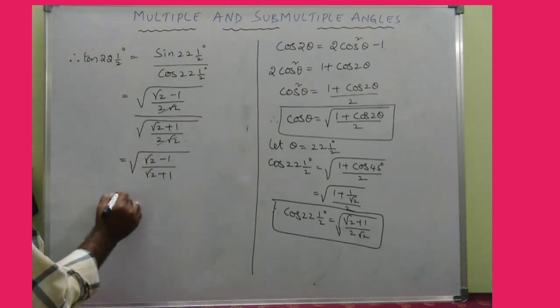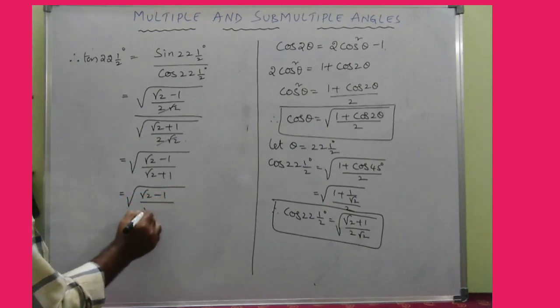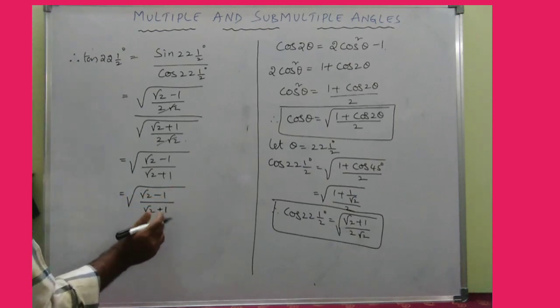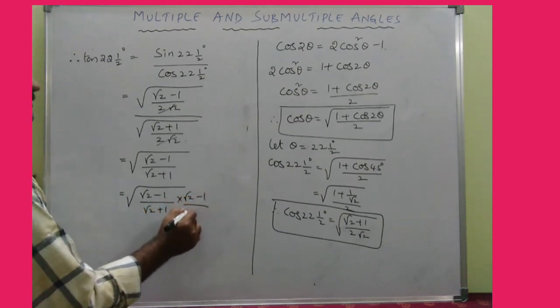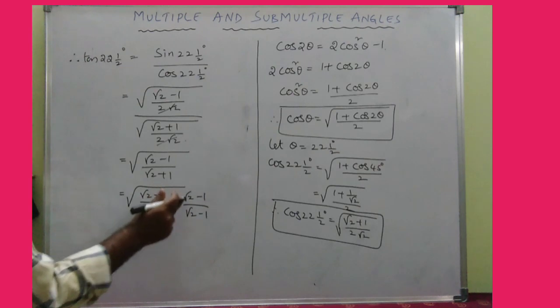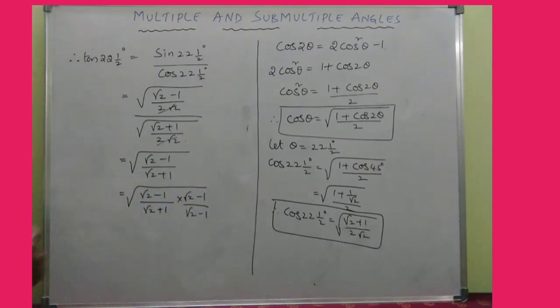But we can simplify further, that is, we can rationalize. The rationalizing factor for the denominator is root 2 minus 1. So you need to multiply both numerator and denominator by it.